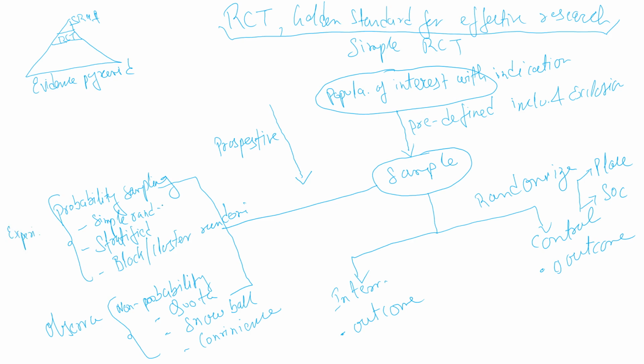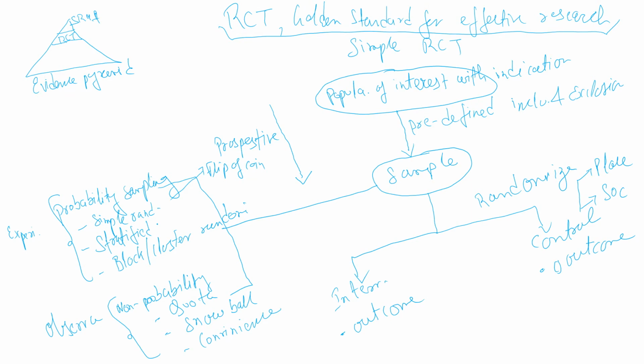So, simple randomization can be considered as a flip of a coin. These individuals will be randomized to either the intervention or control group. Stratified is similar to simple randomization, but one more step is included, which is stratifying based on certain characteristics.